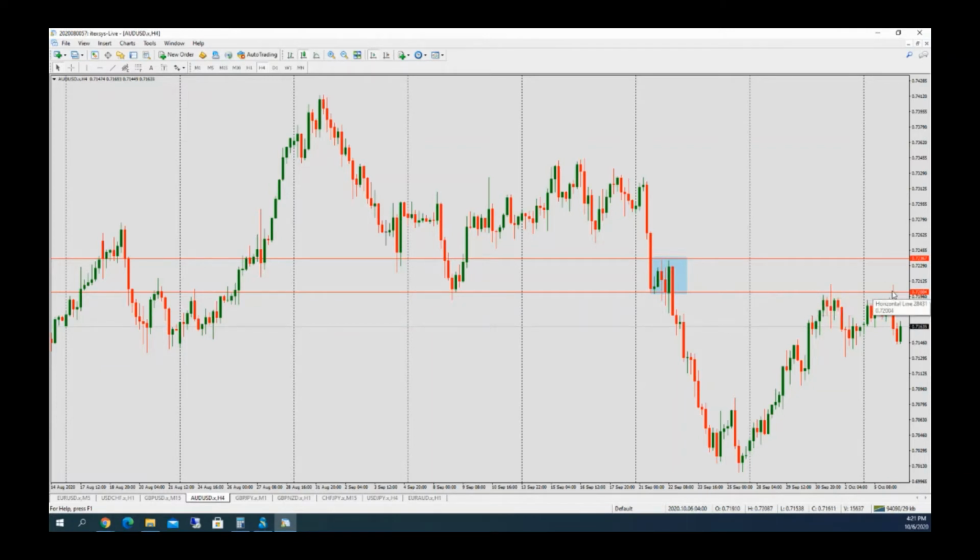So what I'm trying to say is that originally it was a supply level when the price just created it and ran away. After the price touched this level once and twice, it became a resistance zone, which means now it's too risky to sell if the price goes back again to check this level.